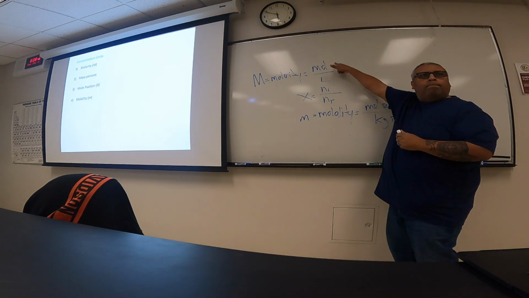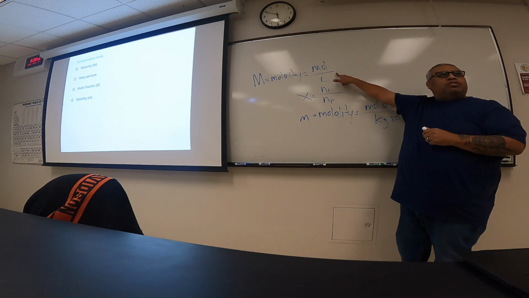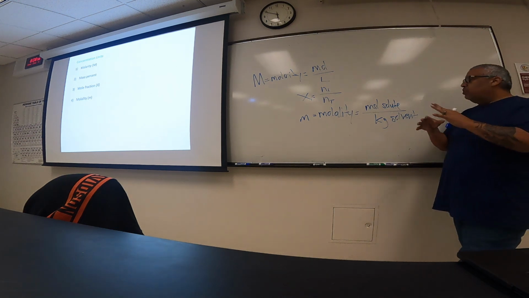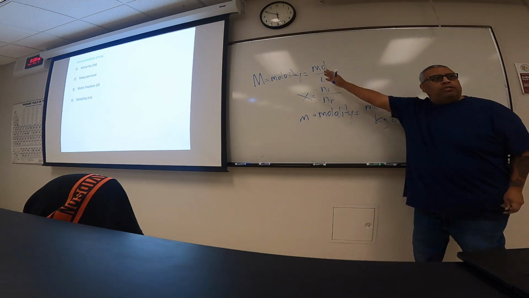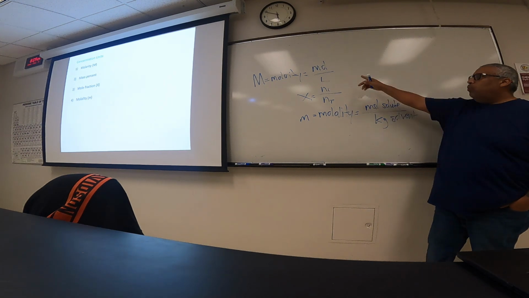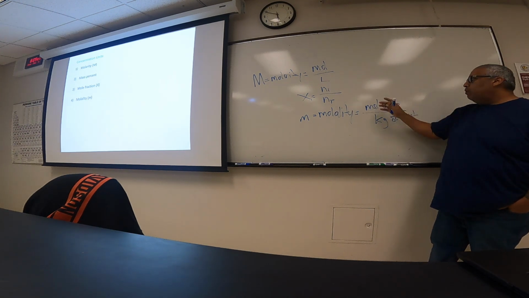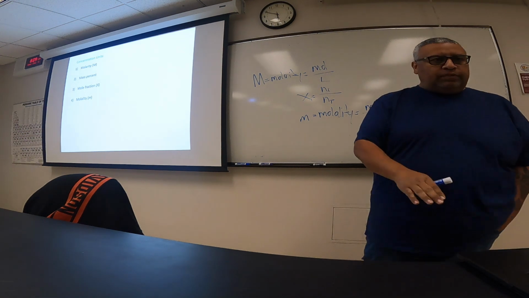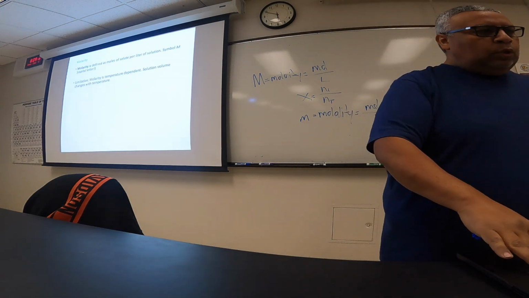This is moles per liter of solution, and this is just the kilograms of the solvent. So in a solution, we can have solute and solvent. So we're going to come up with methods in order to segregate that and just get the mass of some solvent.